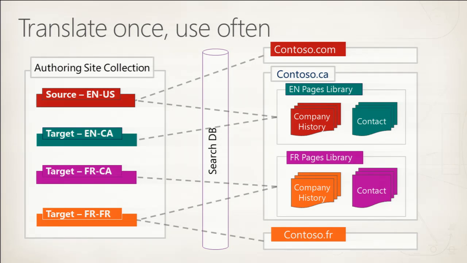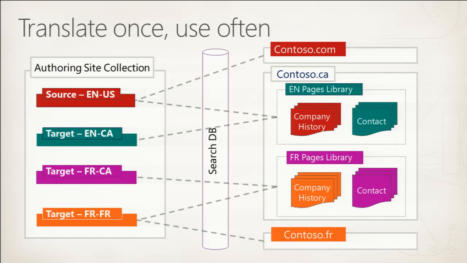Thanks. As a content translator, how do I identify which parts of the page has changed since the last version? So sorry, the question is, as a localizer, how do you find what's been translated since the last time? What's changed? Yeah.